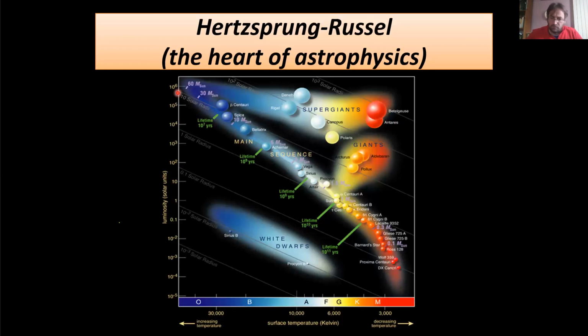So nothing really to worry about. So our sun will live roughly 10 billion years.